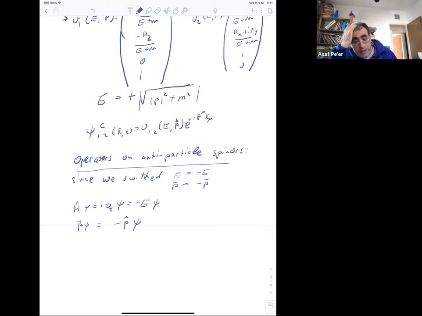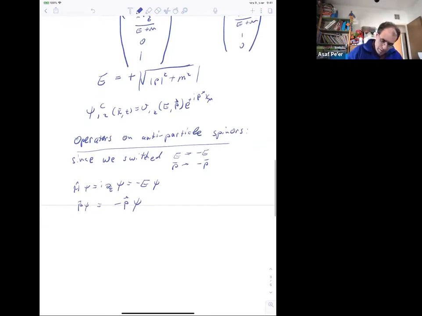If we want the correct sign, we must redefine the operators to get the correct sign.